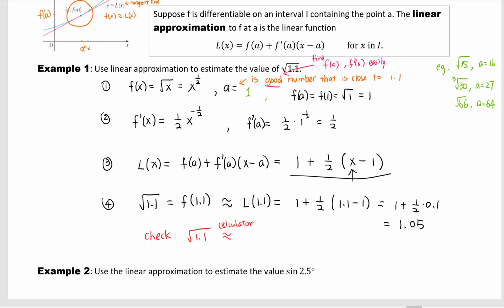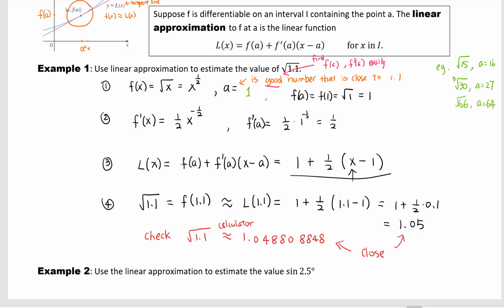Let me plug in square root of 1.1. So I get 1.0488088848. Are they close? Yes, they're close, so we're doing right. Okay, so for problems in this session, you kind of have a feeling of whether you're right or wrong.